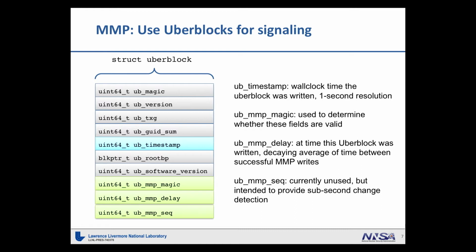For example, if the pool is brought over from a machine that has a ZFS that doesn't understand MMP, then we ignore those fields. Delay is the average time between MMP writes, which I'll go into in a little more detail. And the sequence at the moment is unused, but it would allow us to provide sub-second resolution on a quiet pool, sub-second evidence of changes.